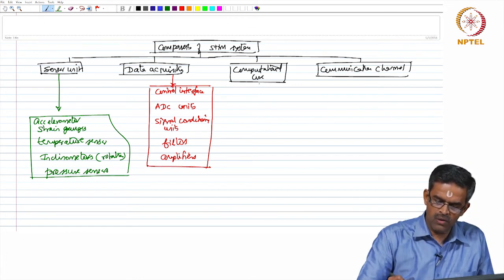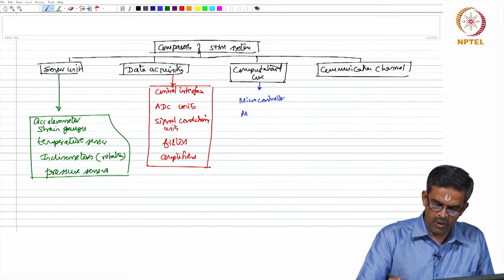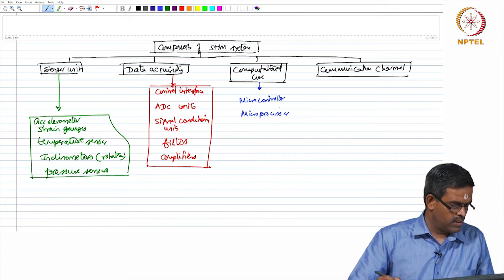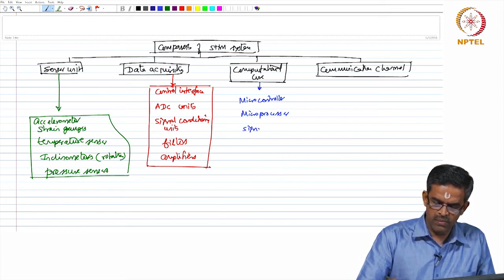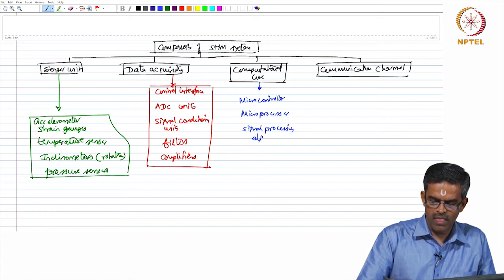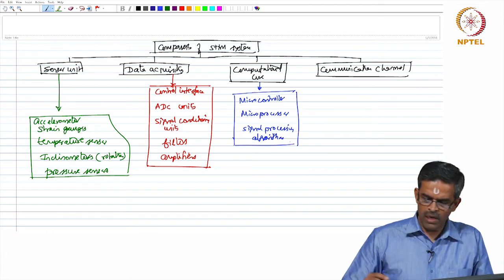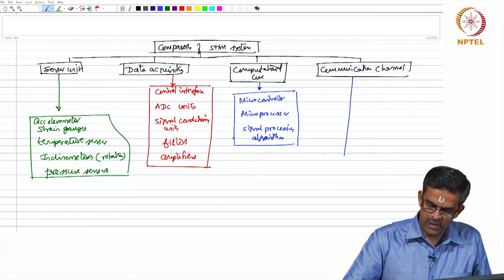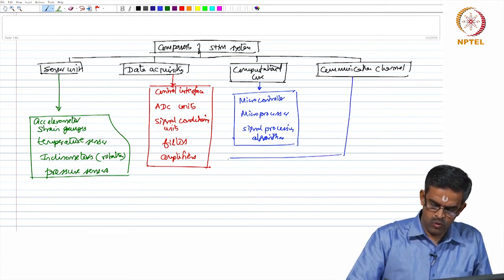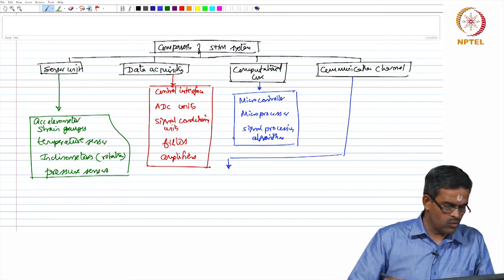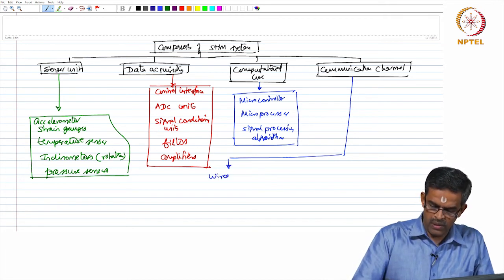The computational core has the microprocessor and signal processing algorithm. And the communication channel consists of two things. One could be wired, one could be wireless.